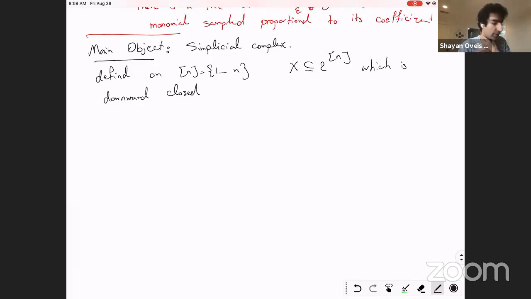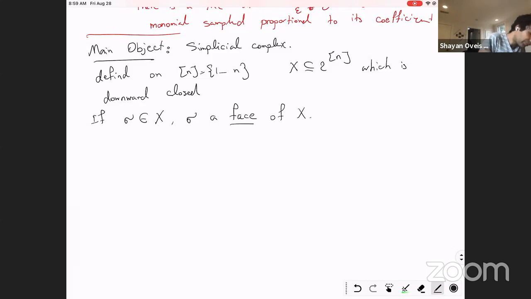Let me say, okay, I need a few notations. If sigma is a subset in X, I call sigma a face of X. I define the dimension of sigma to be the size of sigma, the number of elements in sigma, minus 1.